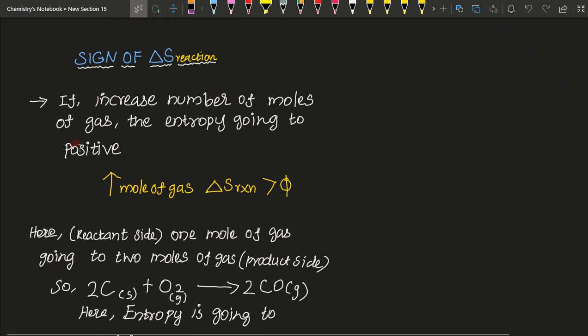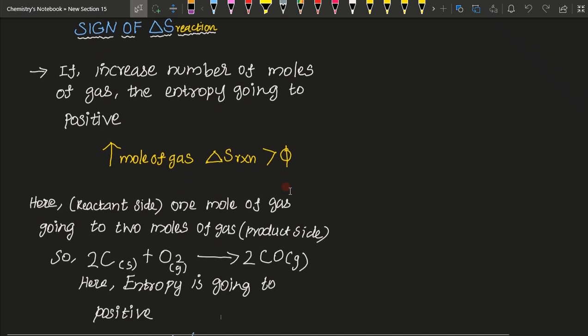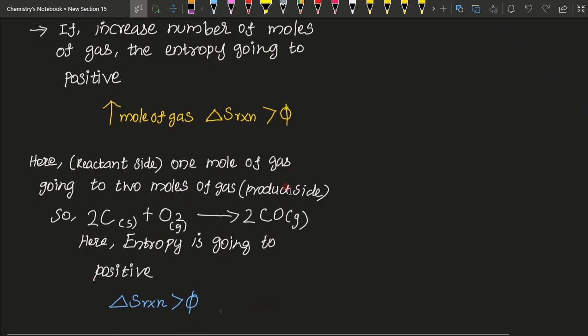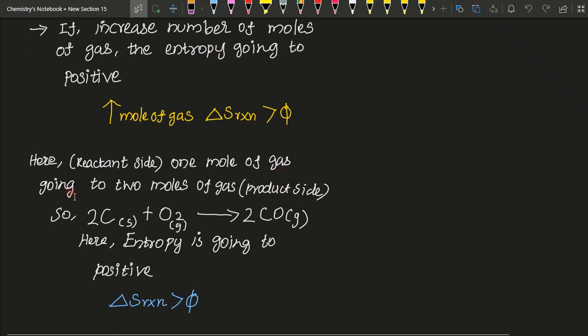See the symbol. If the moles of gas increase, the entropy is also going to be positive. Here on the reactant side, see below, 1 mole of gas goes to 2 moles of gas on the product side.